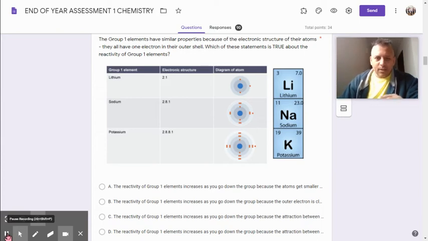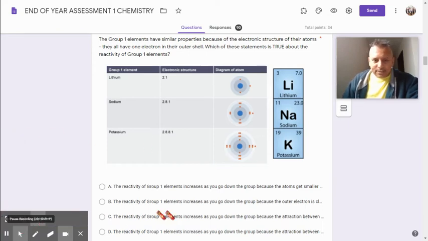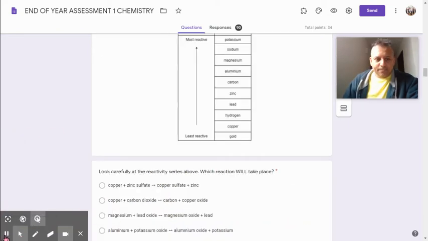So as there is a lower attraction between the electron on the outer shell and the positive nuclei, that electron can get lost and can get donated to, usually, a non-metal atom. So that electron can be lost much more easily than if that outer electron was higher up. So the reactivity increases as you go down the group because this outer electron is more easily lost the further away it is from the nucleus. So the correct answer for that question was answer C.